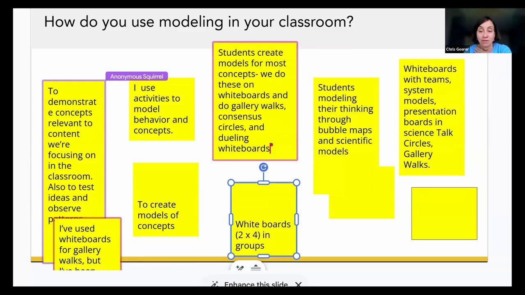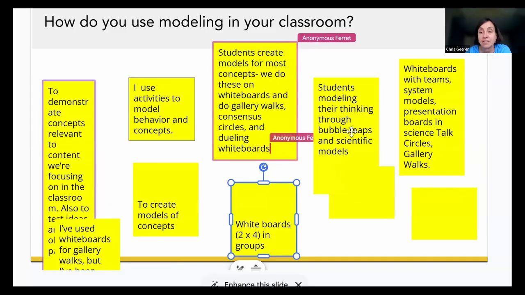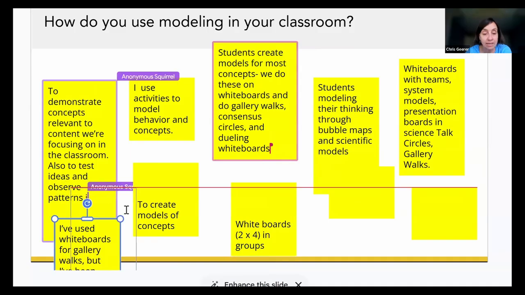I had been doing all of this on poster paper, and the whiteboards were amazing. So I'm happy to see so many people have whiteboards, system models, presentation boards, students modeling their thinking through bubble maps and scientific models, whiteboards and gallery walks.